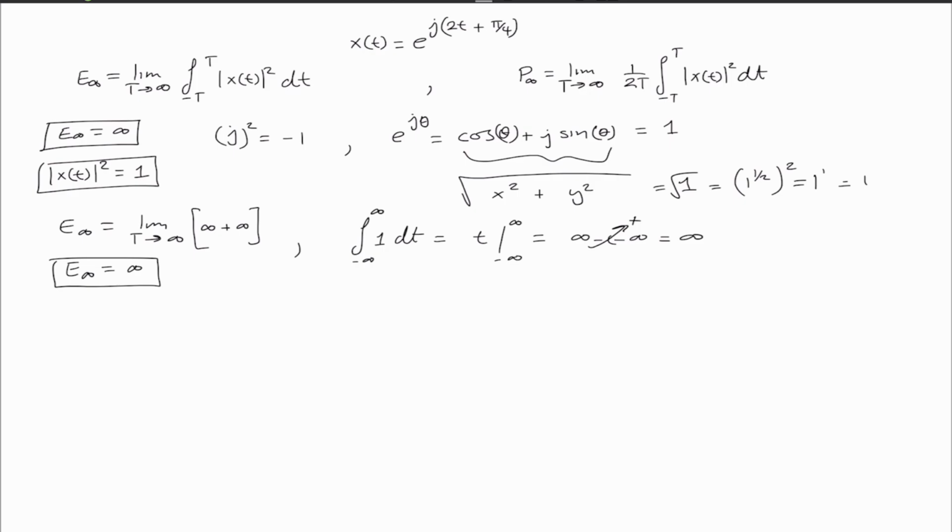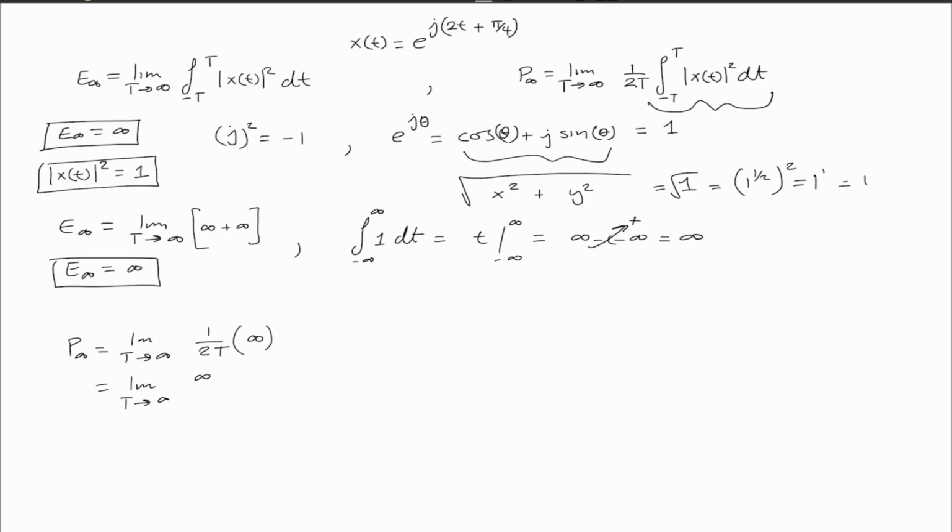So now we can find the power, and that is the expression to the right: the limit as t approaches infinity of 1 over 2t times the integral. We know that once you integrate it, it goes to infinity. So this is infinity over 2t as t approaches infinity.